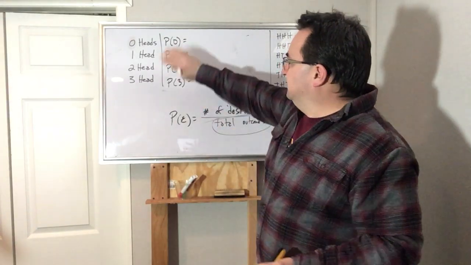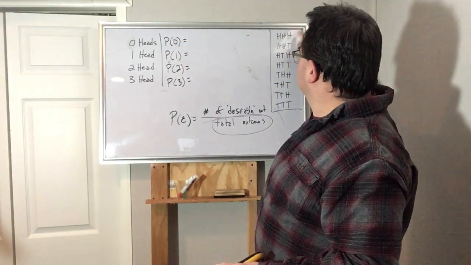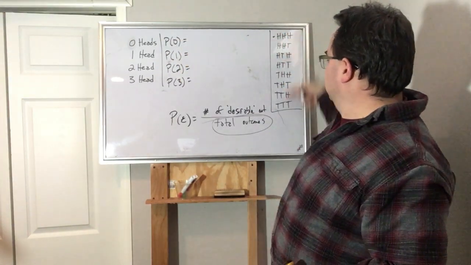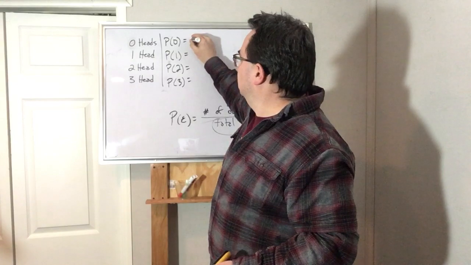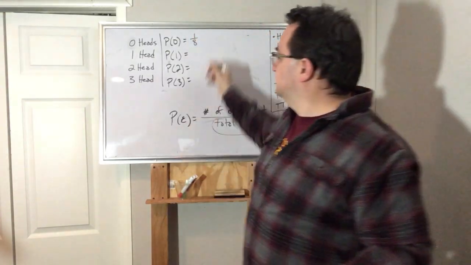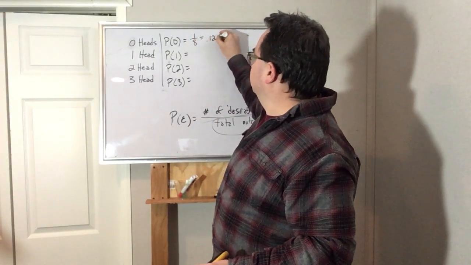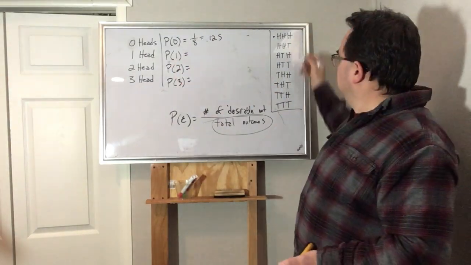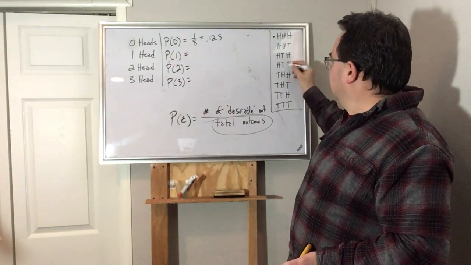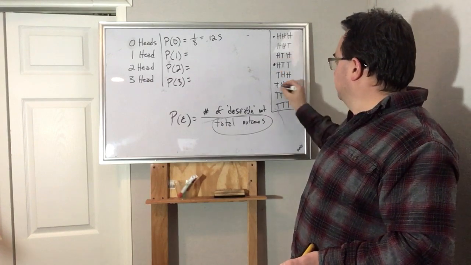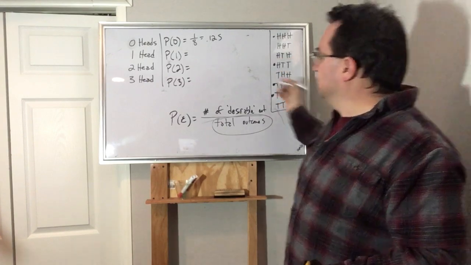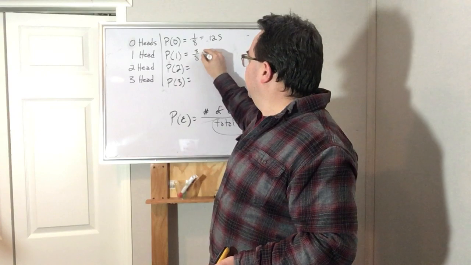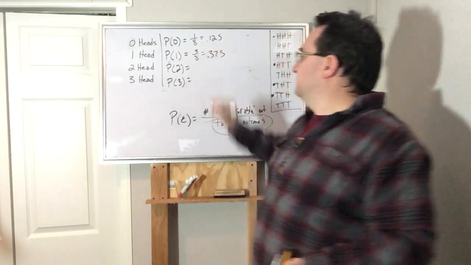If I want exactly 0 heads, that is 1 possibility out of 8. So that would be 1/8, which I could write as a decimal, 0.125. What's the probability of getting exactly 1 head? Well, there's this one, 1, 2, 3. 3 out of 8. So that'd be 3/8, which is 0.375.